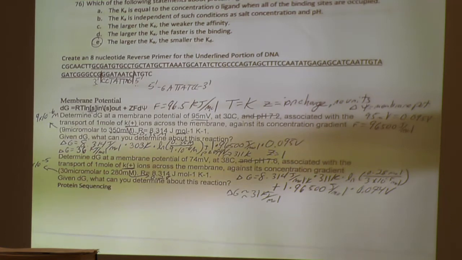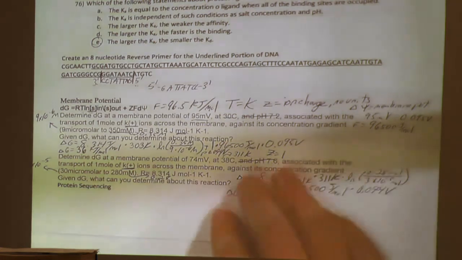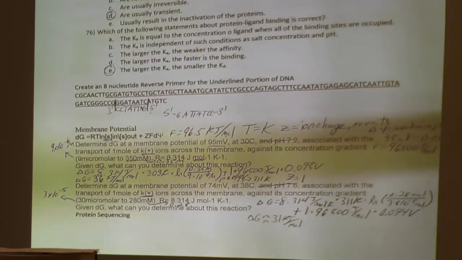I actually didn't put the keyword within my question by accident. Both of these are supposed to say that the higher concentration is within the cell. So if I was saying that it was taking it into the cell against its concentration gradient, you would say that the higher concentration is within the cell. Okay? Everybody good? Okay.